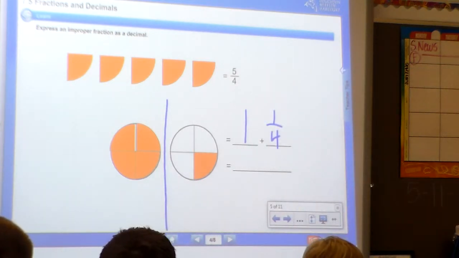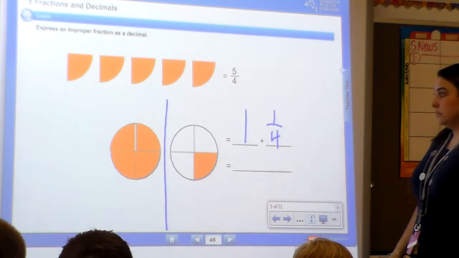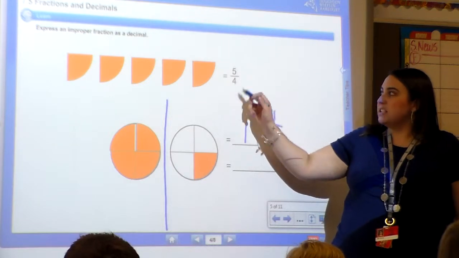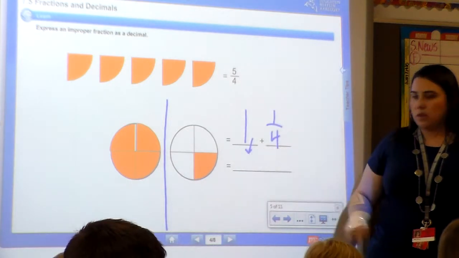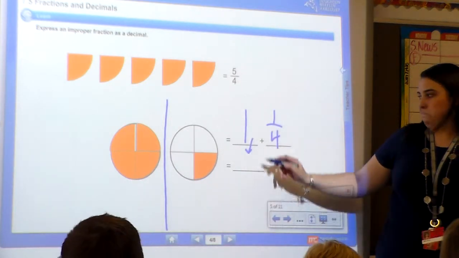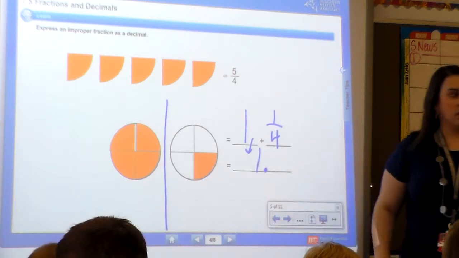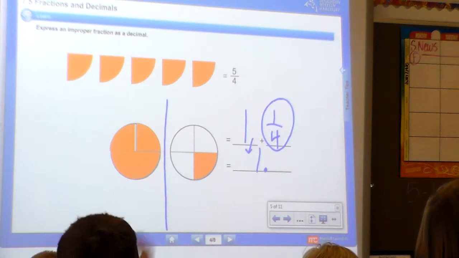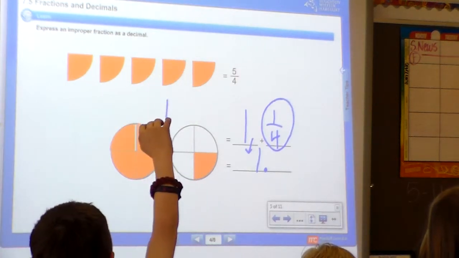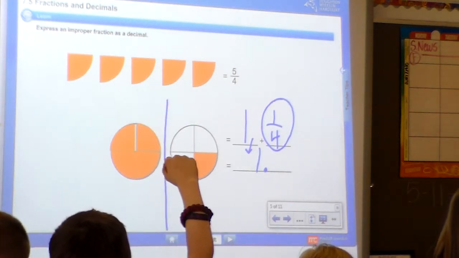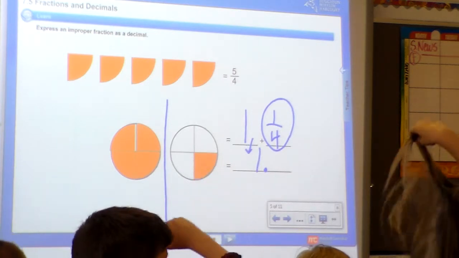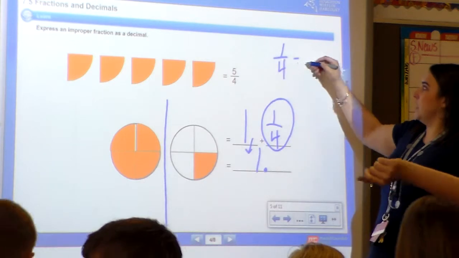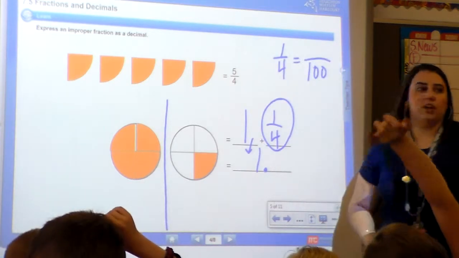Now, I take it a step further. To make a decimal, do I need to change anything with this whole number? No. But what can I do to that fraction? What did we just practice? What can I do to that fraction? Duncan? I can convert it into hundredths. Duncan says hundredths.